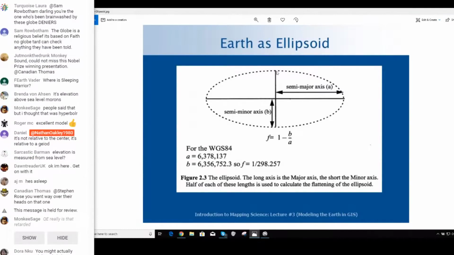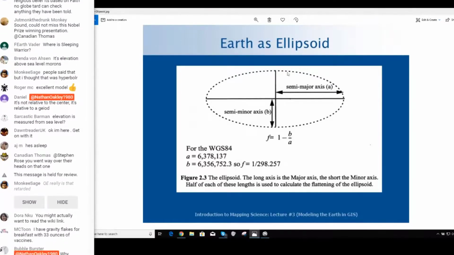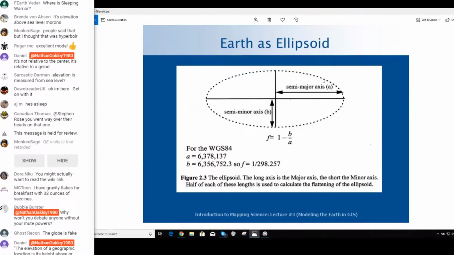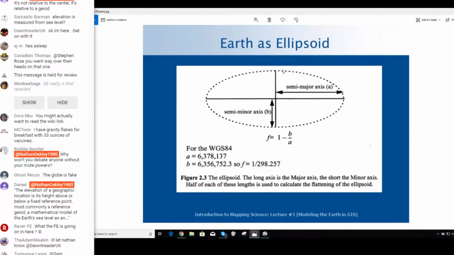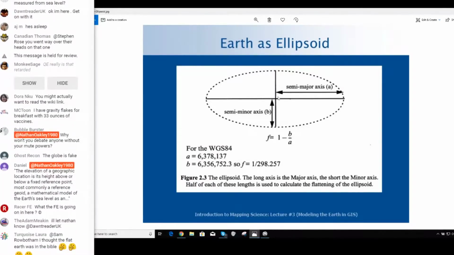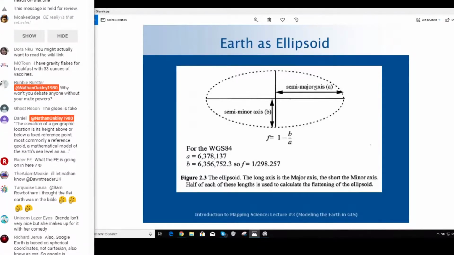Now, can you tell me on this quarter what points on the surface of this ellipsoid are equidistant from the center of the Earth? Let me give you the answer. 0. None. So this is Codswallop Horsepucky.